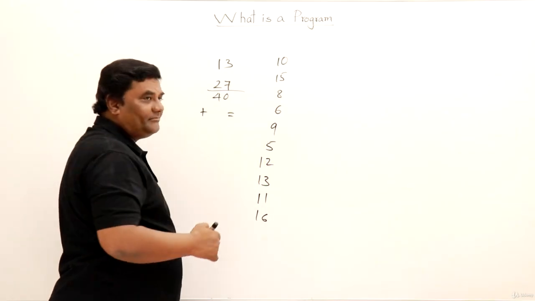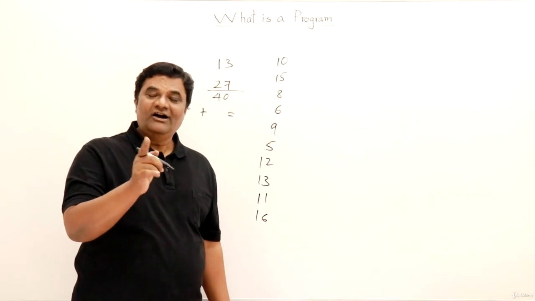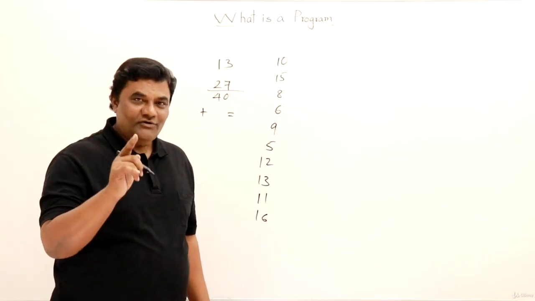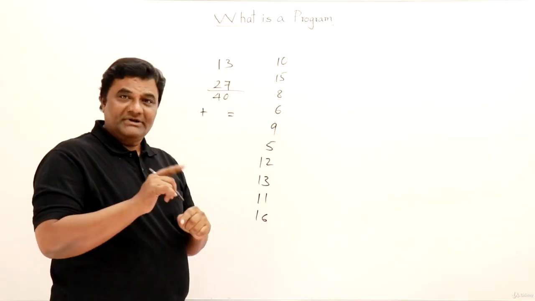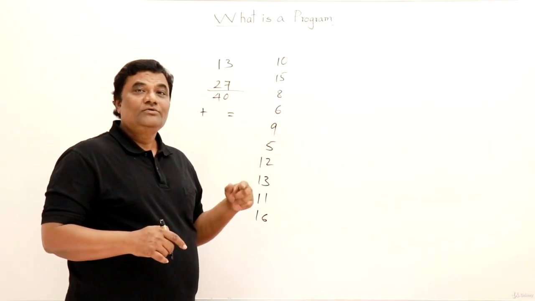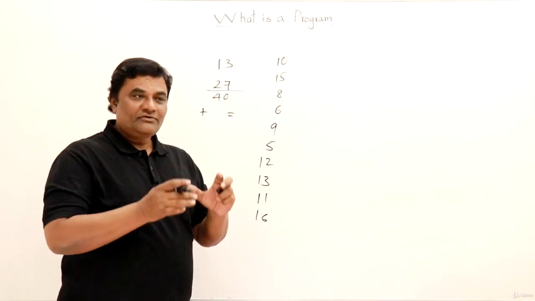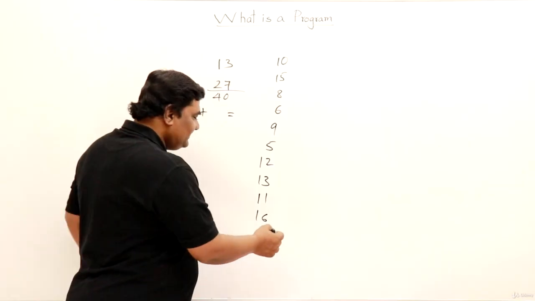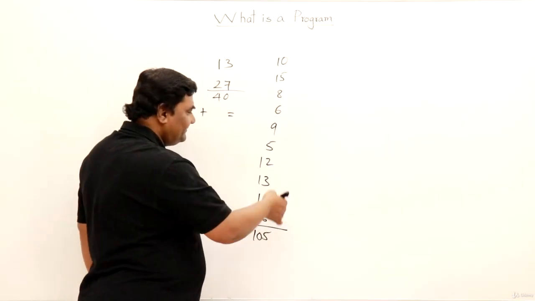So I have a total of 10 numbers and I want to find the average of these numbers. Then how to use a calculator? Now watch it. I have to hit 10 for the first number, then plus the next number, then plus the next number. I have to go on adding them, and that sum will keep accumulating. Finally, I'll get the total of all these numbers.